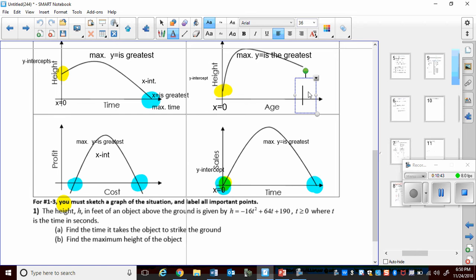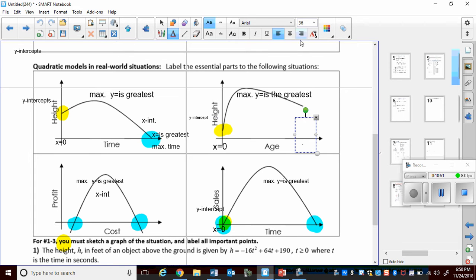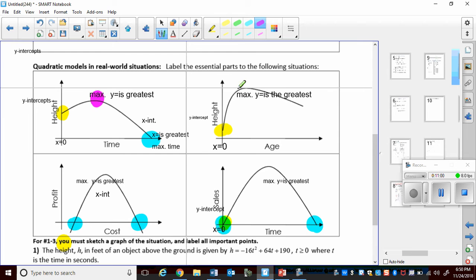Over here, in this graph focused on height and age, what I didn't do was go back and actually highlight these maximums. I'm going to do that real quick. I'm going to make it pink. So here's the maximum, here's a maximum, here's a maximum, and here's a maximum.